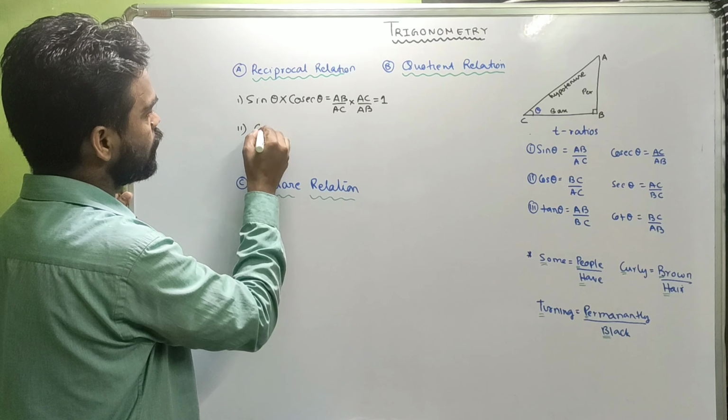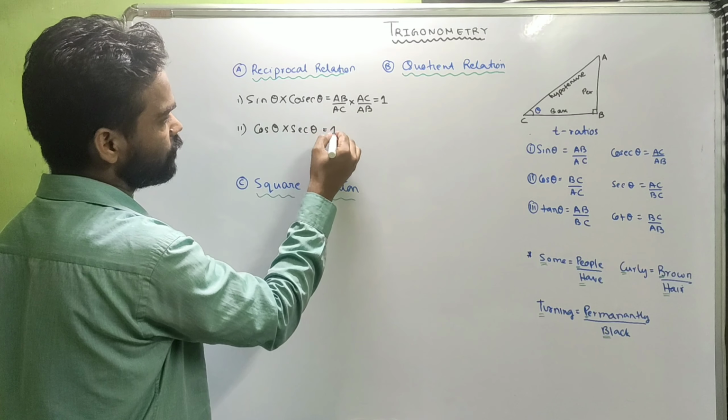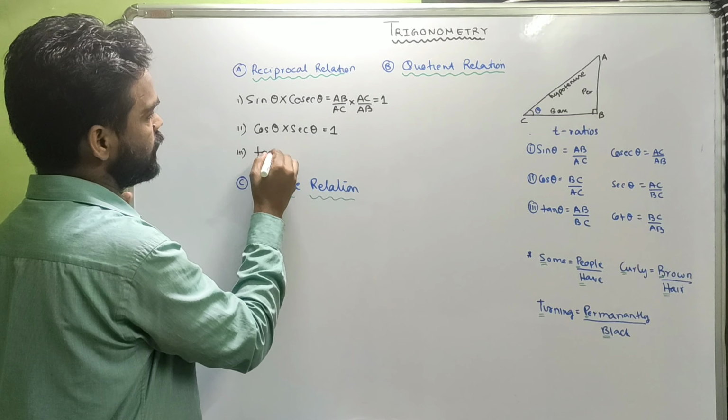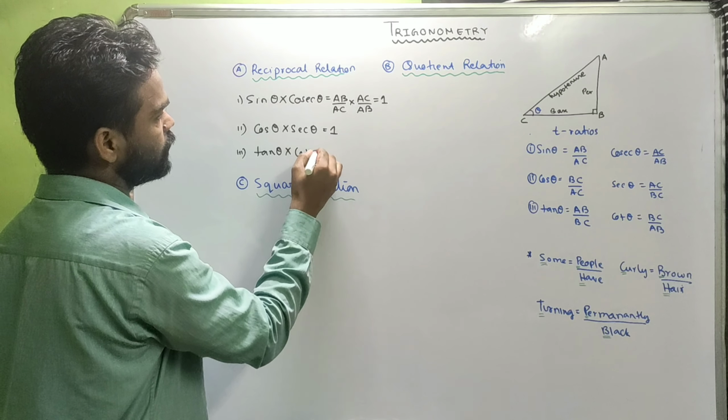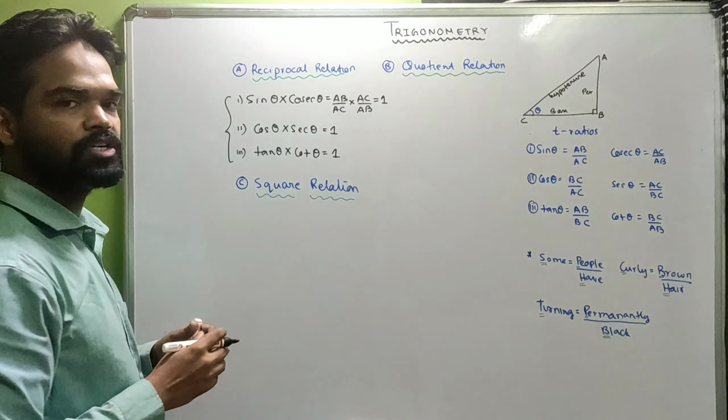Similarly, cos theta multiplied by sec theta will be 1, because they are reciprocal to each other. And tan theta multiplied by cot theta is equal to 1. So this is your reciprocal relation.